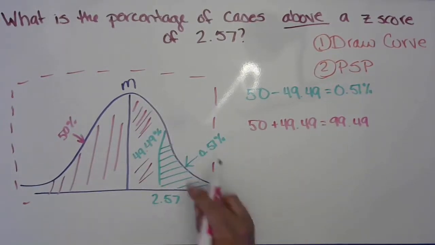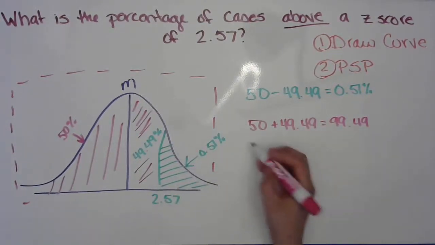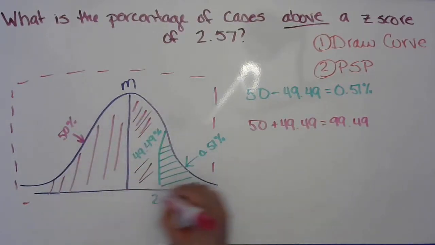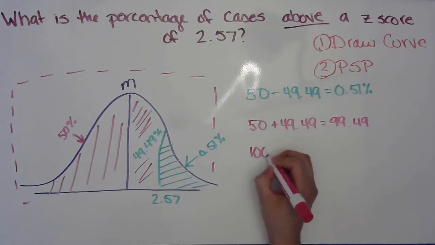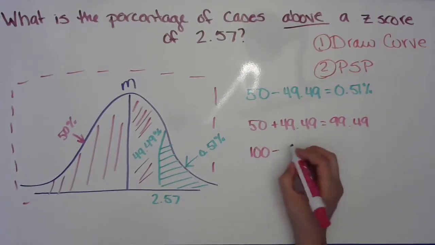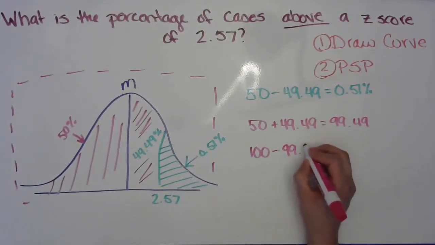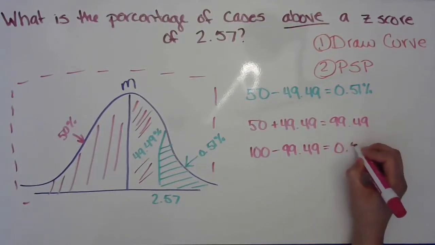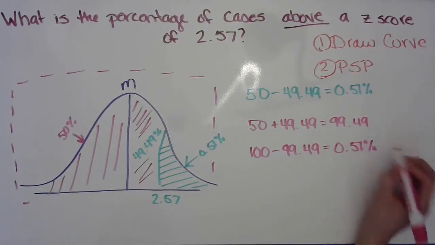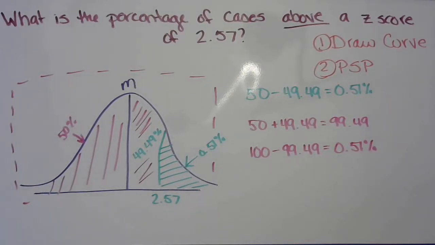Now we don't need any of that. We just need this little area here. So since this whole entire curve is 100% of a curve, you take 100 minus 99.49, and that's going to give you the exact same answer, 0.51%. So whatever way is easiest for you, they both work the same way.